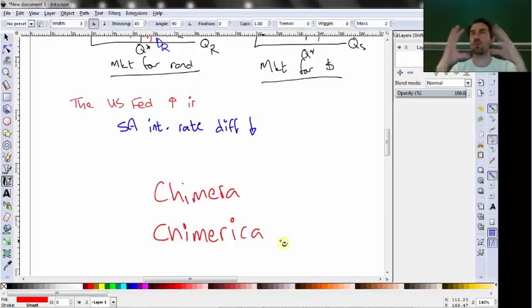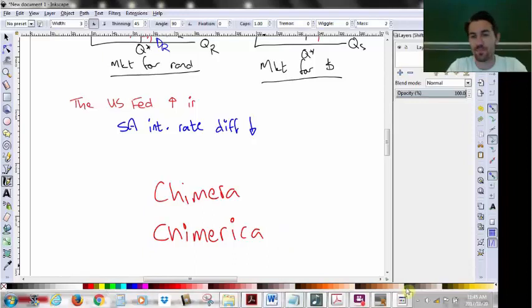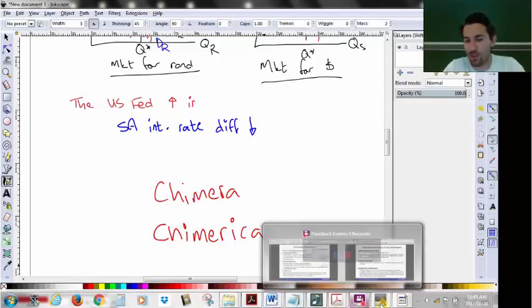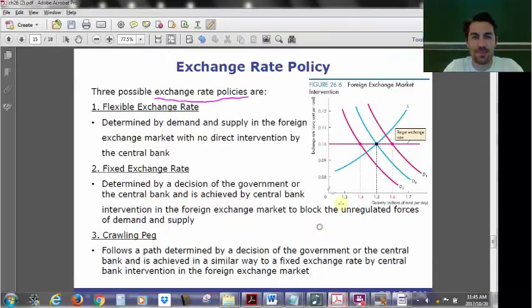Trade between the two has become, as he says, Chimerica, this massive beast. You can't separate the two without causing massive chaos on an outrageous scale. Anyway, Chimerica is quite a cool idea.